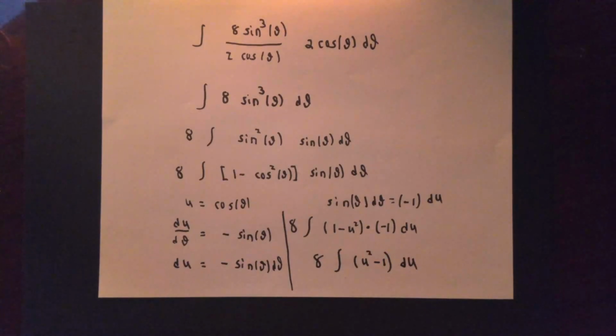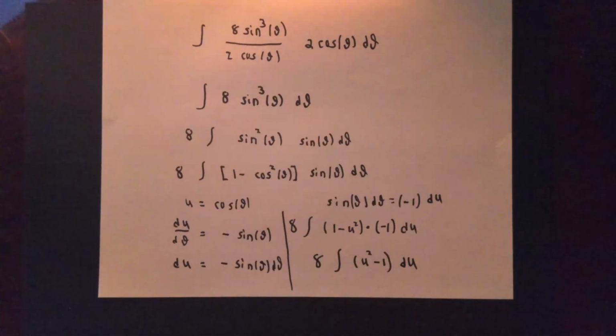Doing that substitution in the usual way and doing the algebra with 1 minus u squared multiplied by negative 1, the remaining integral is 8 times the integral of u squared minus 1 du.